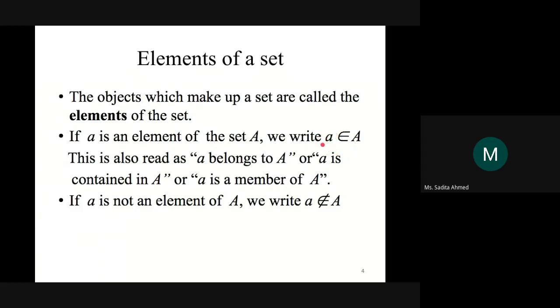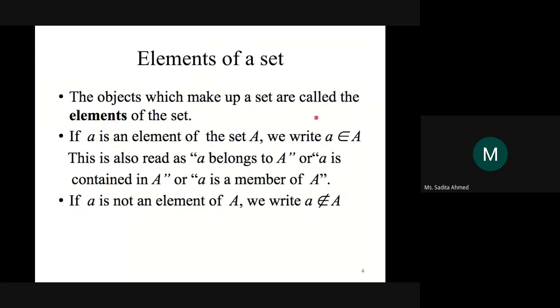We say that this a belongs to the set A by using this symbol. If you have this symbol, it means that this lowercase a, this element a, belongs to the set A. Okay, that is what it means.